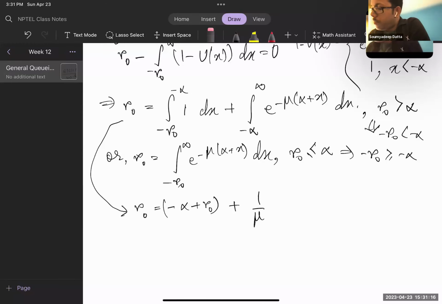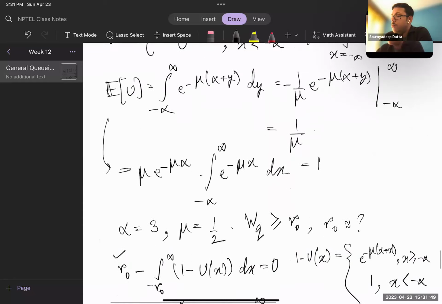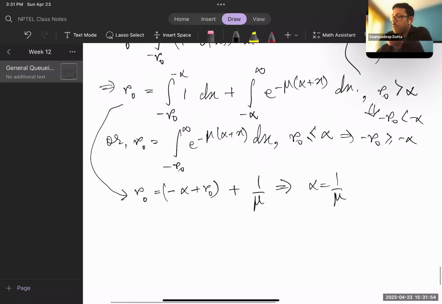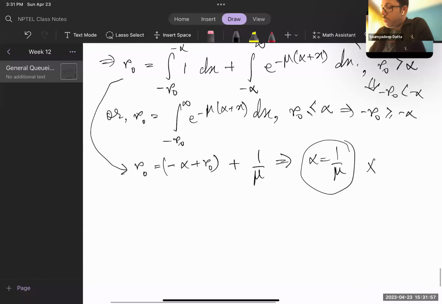I think this, because this will be 1 minus 1 by mu e to the power minus mu times alpha plus x, and then the upper limit will go to 0, and the lower limit will be just e to the power 0, which is 1, times 1 by mu. So then this equation leads to r naught getting cancelled, so we get something like alpha equal to 1 by mu, which isn't really a solution. So we need not have this. This is a wrong assumption.